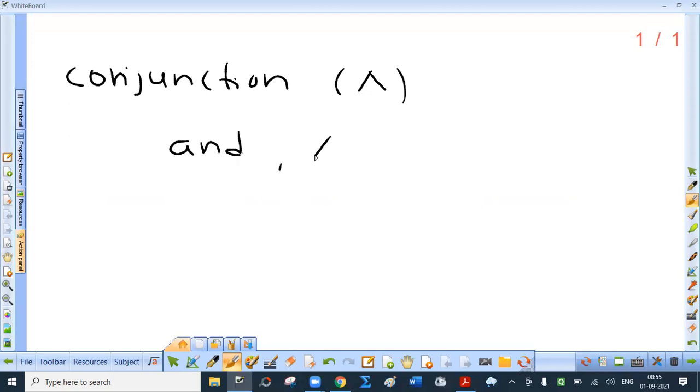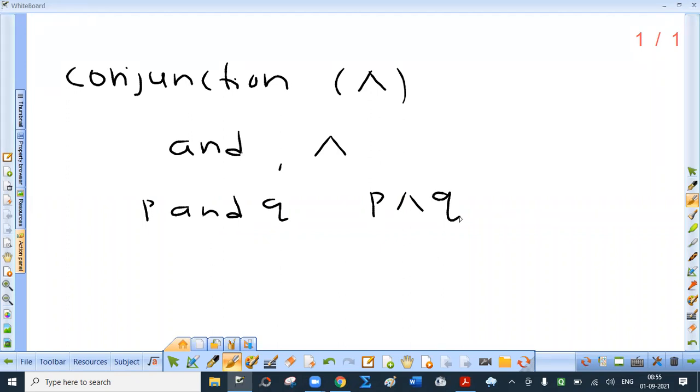Now this is the symbol used for the word and. If P and Q are 2 simple statements, their conjunction P and Q is written as what? Symbolically P, this is the symbol for and, Q.